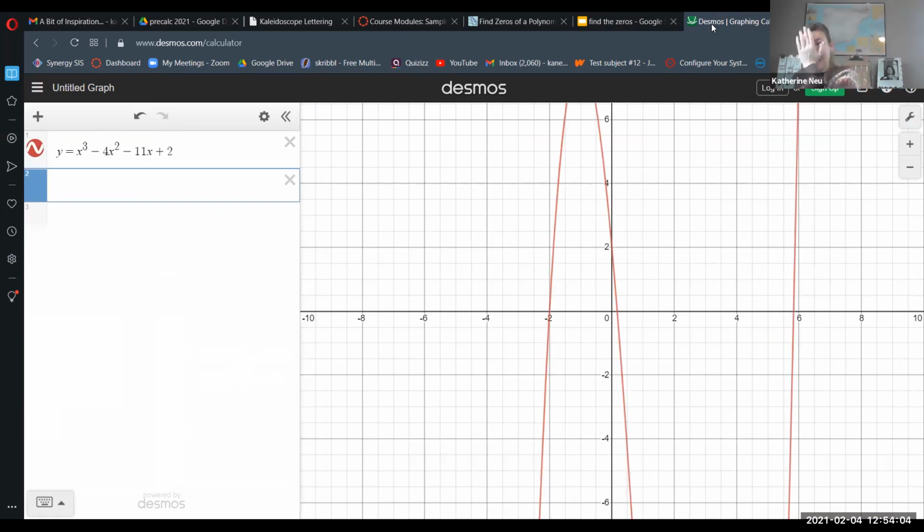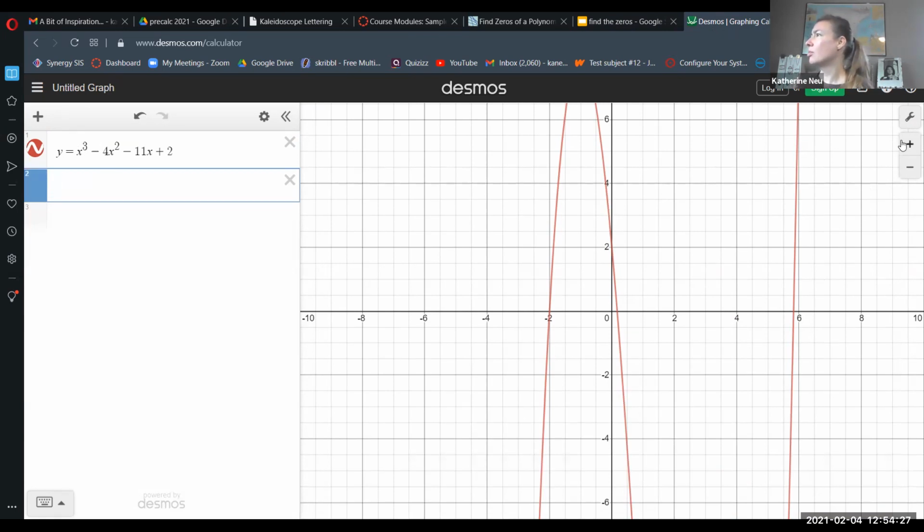Now there it is. Now let's just pretend these are in fact all the zeros, and I know that they're all the zeros, not only because I picked this particular function, but also because I know a little tip about this power of 3 here. I'm going to take you there in a second.